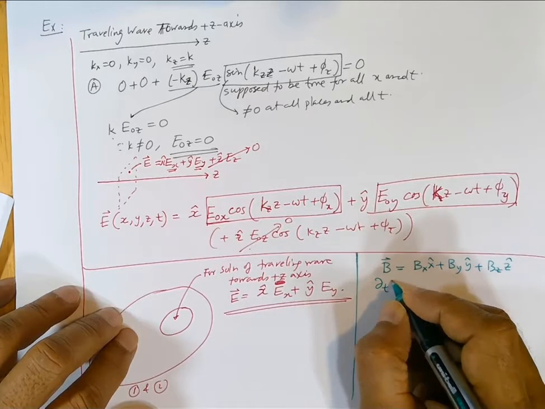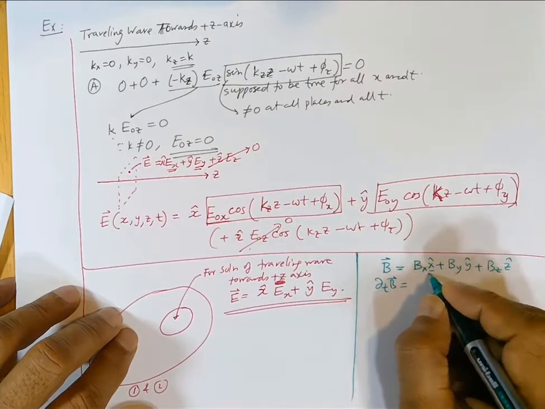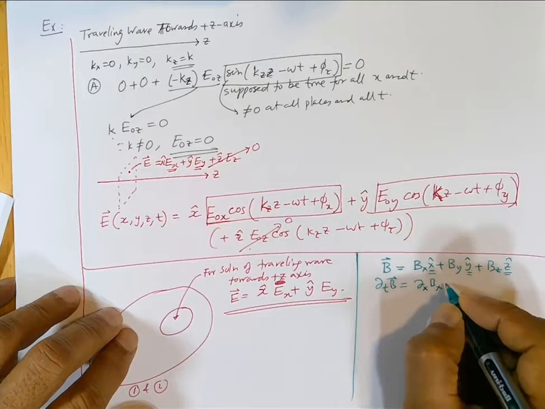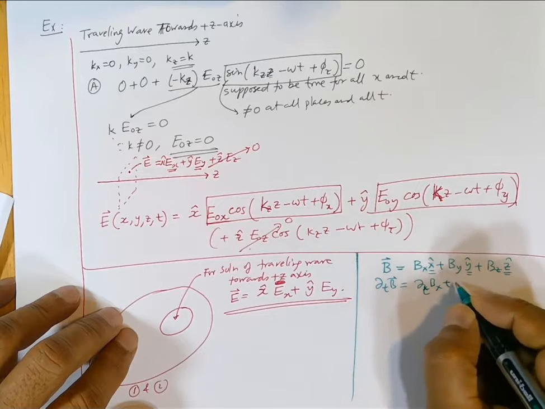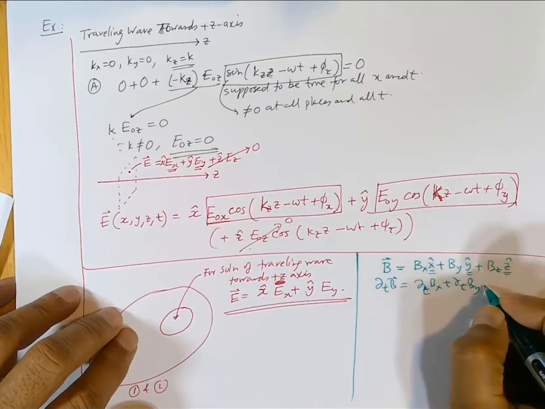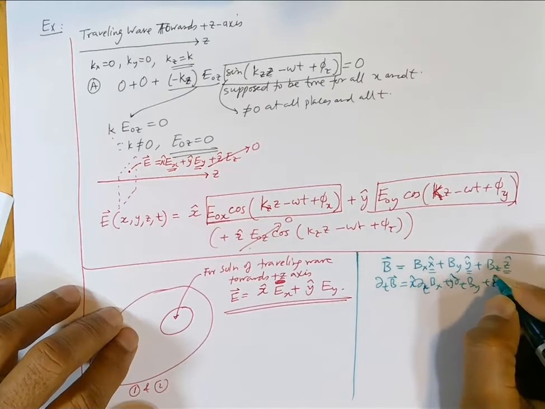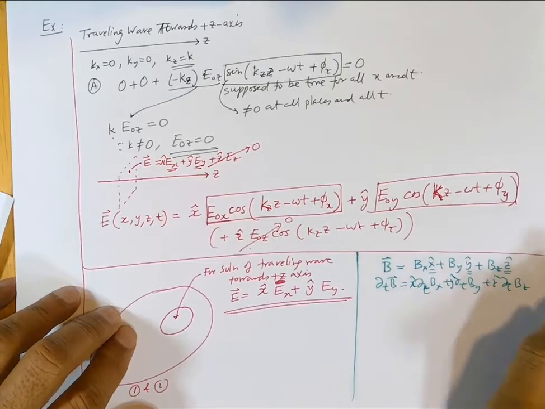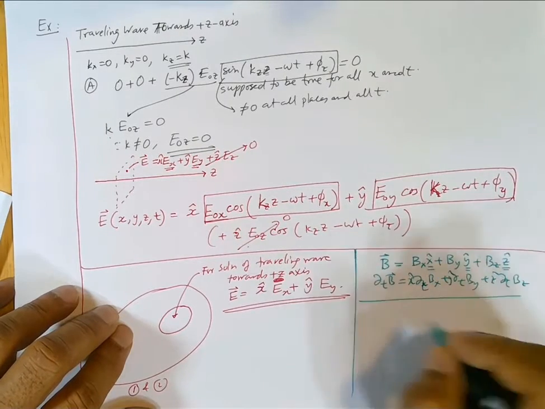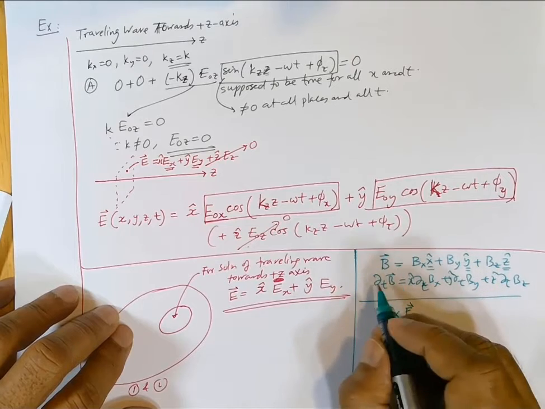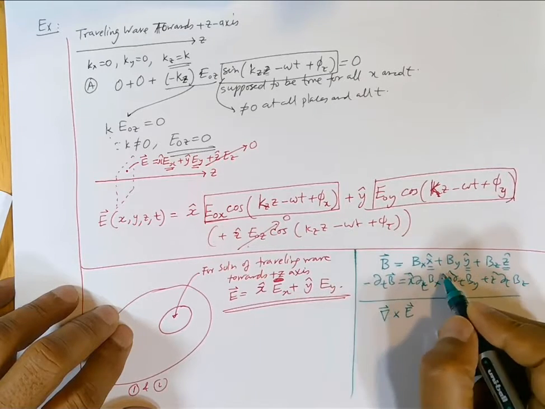So if I had dt of B, there's no derivative of those guys, just the time derivative. So you have dt Bx x hat plus dt By y hat plus dt Bz z hat. And you have a del cross E on the other side, and the minus of that will be minus these guys, right? Minus, minus.